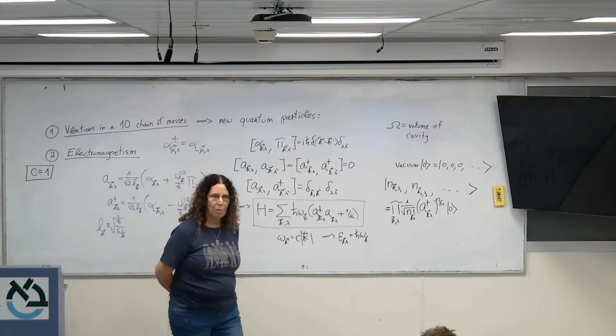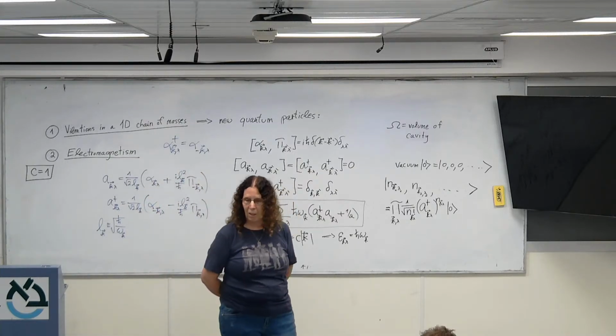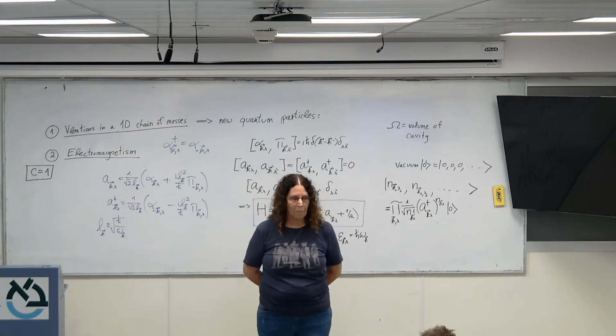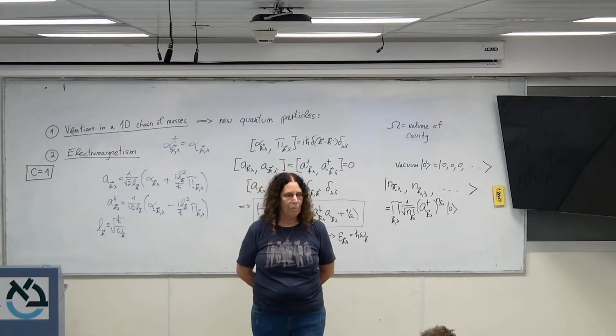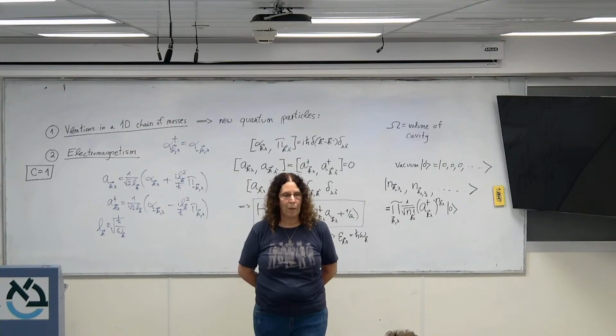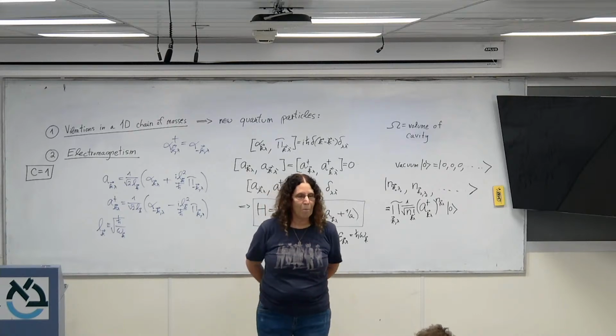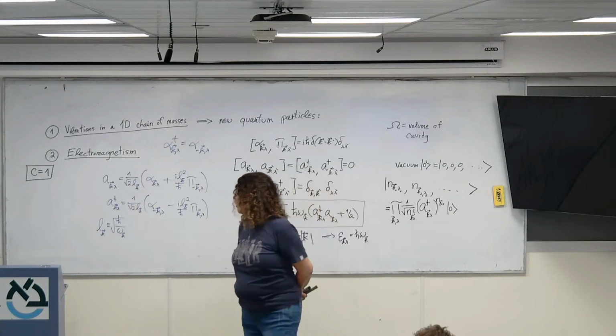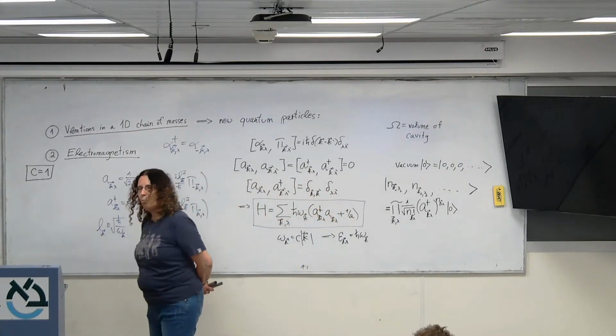We know also that you can create particles from the vacuum, right? If you have enough energy, you can create an electron and positron pair. This happens in the lab, even, right? So that you have to get used to.